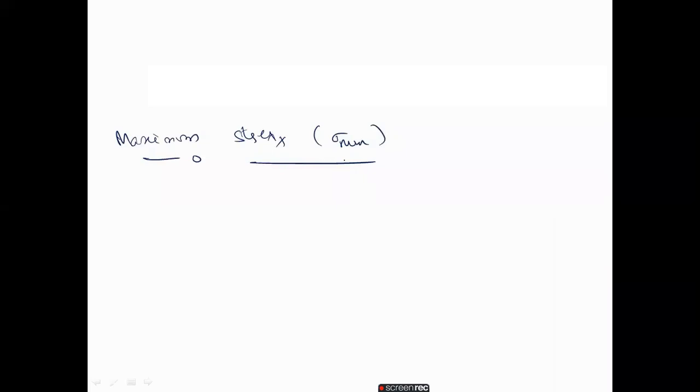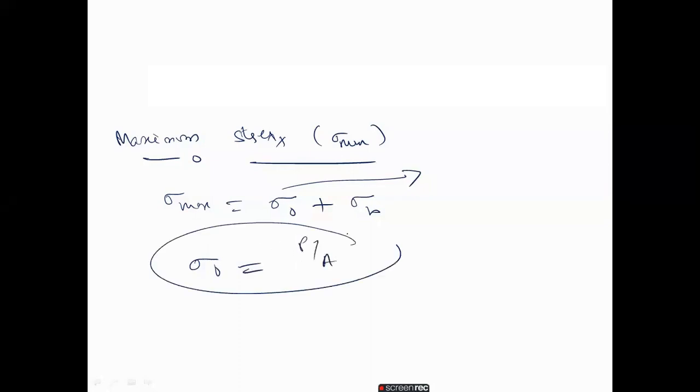This maximum stress induced is due to the direct axial compressive load and due to the maximum bending stress. This one we discussed in yesterday's class already, that is sigma naught plus sigma b. Here sigma naught is stress due to direct axial compressive load, that is P by A, but sigma b is stress due to bending.